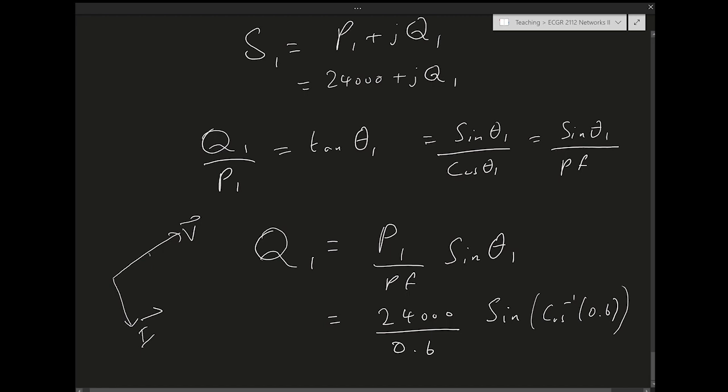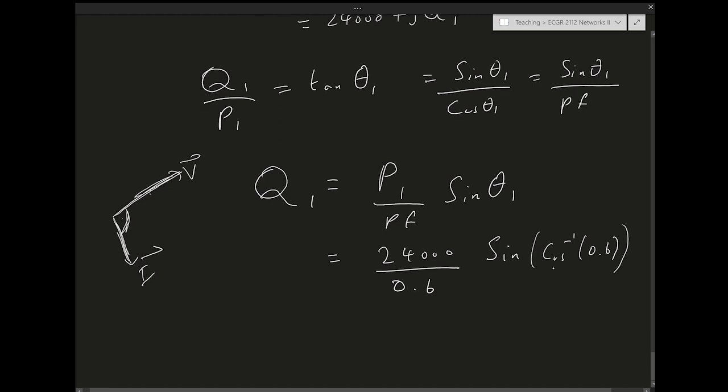So the angle of S is going to be the angle of the voltage minus the angle of the current. Because the current is lagging, this angle, the angle of S, is going to be positive. So when we take the cosine inverse, we discard the negative possibility and we only take the positive possibility. So this angle turns out to be 53.13 degrees.